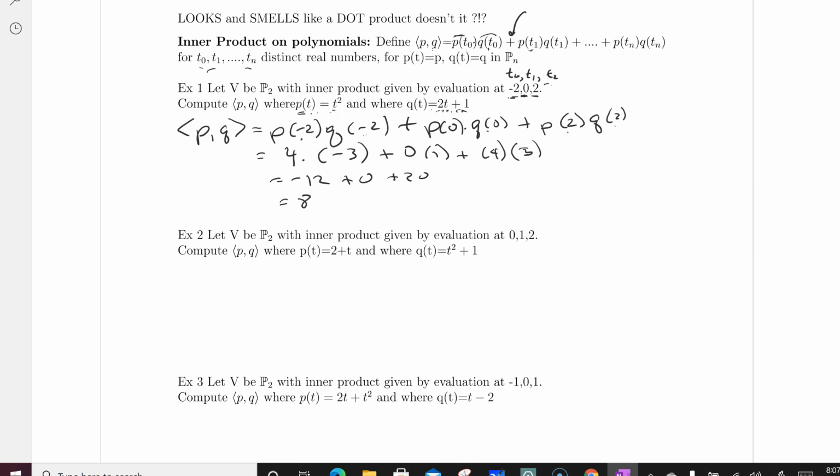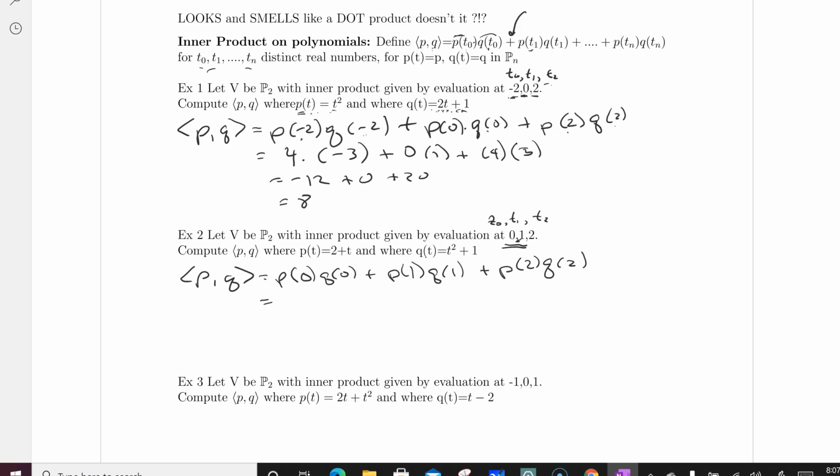All right, I'm just going to do a few of them just to make sure you really understand, because it's very different, I think. So the inner product of P and Q, and now notice I've changed the T values. Here's T sub 0, T sub 1, and T sub 2. I'm going to take the polynomial P and evaluate it at T sub 0, which is 0, and then Q at 0, plus P at the second T value, 1, Q at 1, plus P at the last value, and there we are.